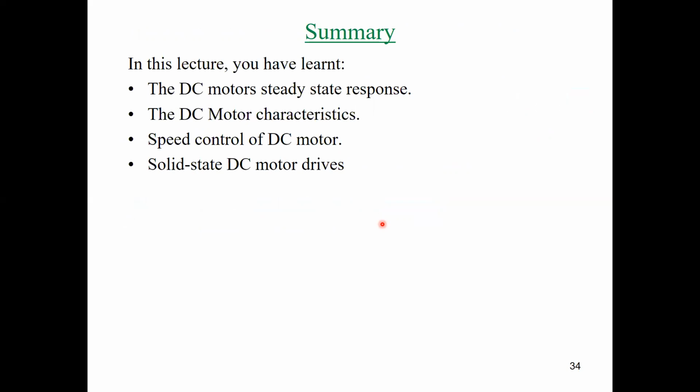Also, we described the characteristics of the different types of DC motors. We focused on the separately excited, shunt, and series ones. We have many other connections like compound motors, which are long shunt and short shunt with cumulative or differential compound.